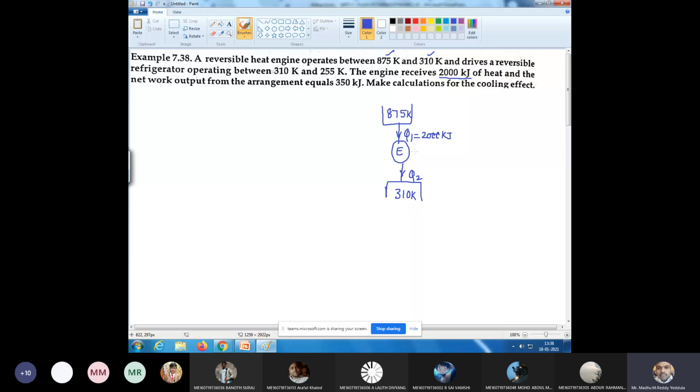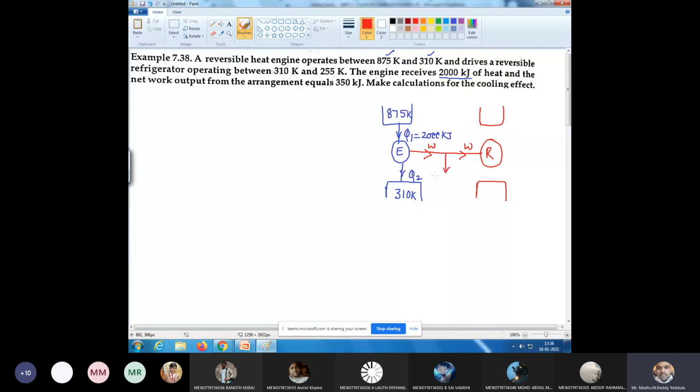On the other side I have the refrigerator. As we know, a refrigerator is a work consuming device. Therefore the work required to drive the refrigerator is taken from the engine. This is the work done by the engine, and this is the work consumed by the refrigerator.